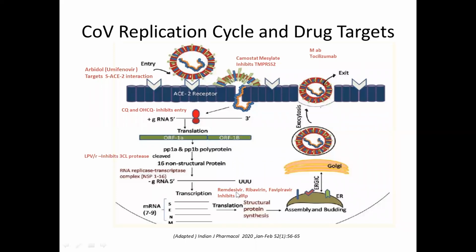HIV has a reverse transcriptase, and reverse transcriptase is an RNA-dependent DNA polymerase. So it takes RNA and converts it to DNA. Remdesivir targets an RNA-dependent RNA polymerase. And so that is one area we can use to stop viral replication.